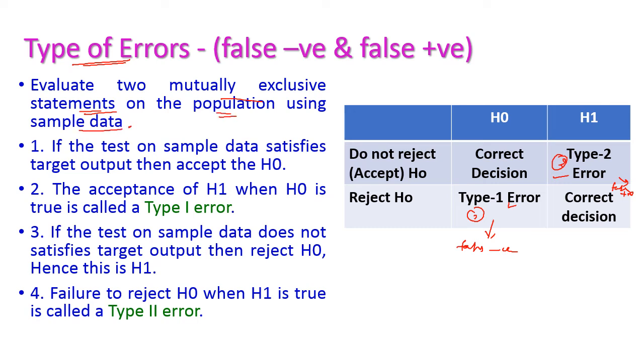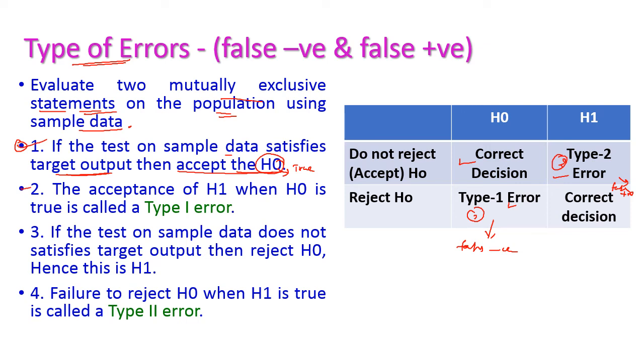Here we can take two mutually exclusive statements on the population by using sample data. We are going to evaluate these two mutually exclusive statements on the population. The first option is if the test on sample data classifies the target output, then we can accept the H naught, that is H naught equal to true. We can accept the H naught. Okay, this is the correct decision.